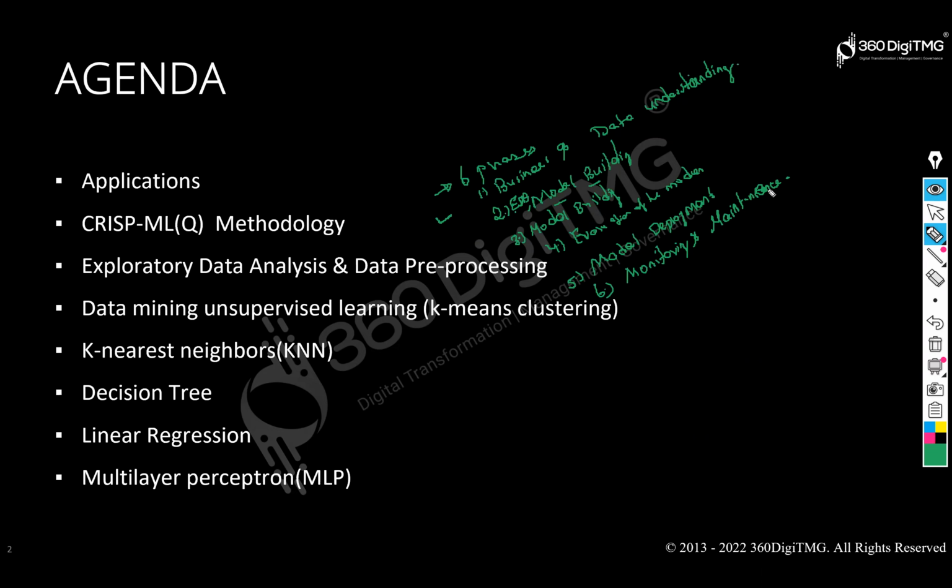This exploratory data analysis will look into the data: what we can do, what it means, what the errors are, and what modifications we can perform on this data. Here we have a lot of steps, like pre-processing steps and model building.